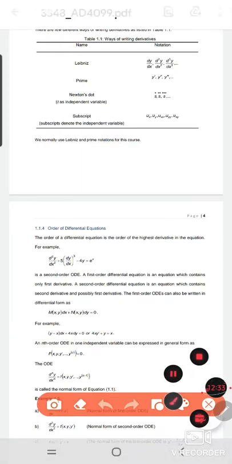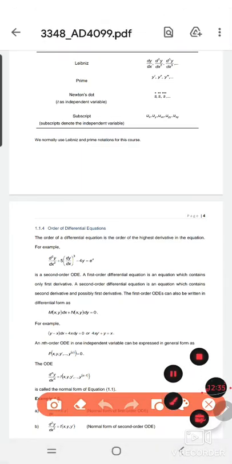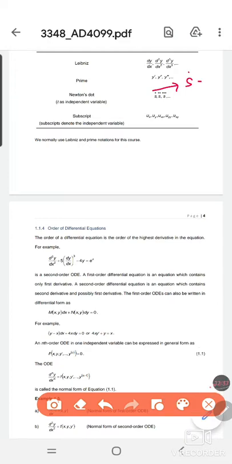Ataupun kita boleh tulis kalau nak jelas, yang ni s dot ni dia sama dengan ds/dt. Sebab apa saya letak dt? Sebab dia mention kat sini t as independent variable. So kalau awak jumpa s dot, awak tengok what is the independent variable of the equation. So you can write as, for example, this one t as independent variable. So you can write as ds/dt.